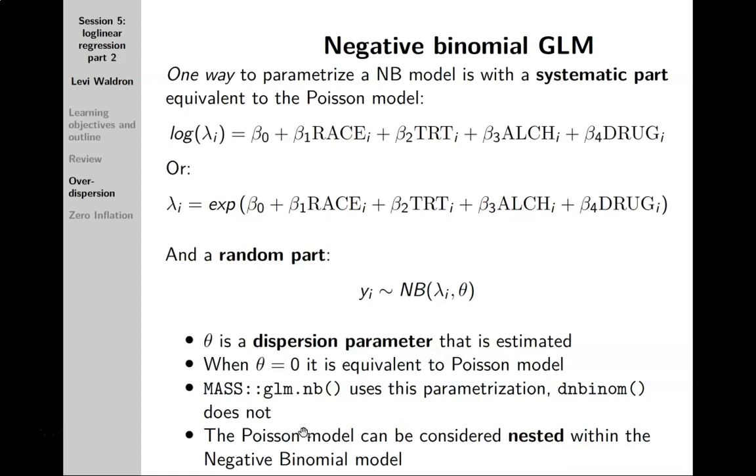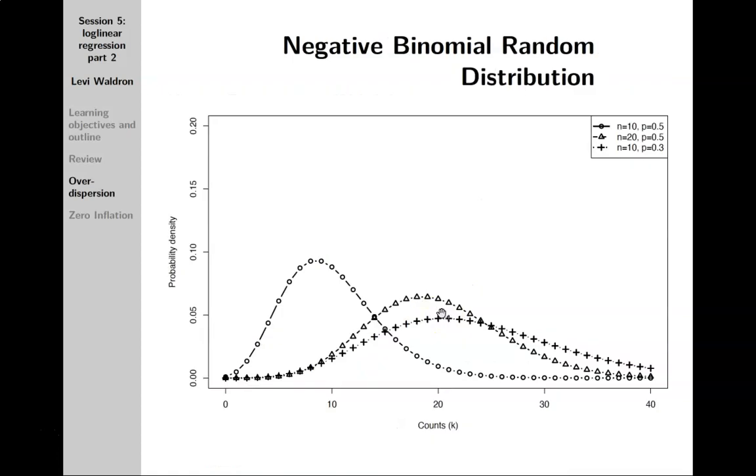So for example, when we talked about linear models with x1 and x2 as predictors, then another model with only x1 as a predictor is nested within the x1 plus x2 model. Well, in this case, the Poisson model with only lambda is nested within the negative binomial model that has these two parameters, lambda and theta.